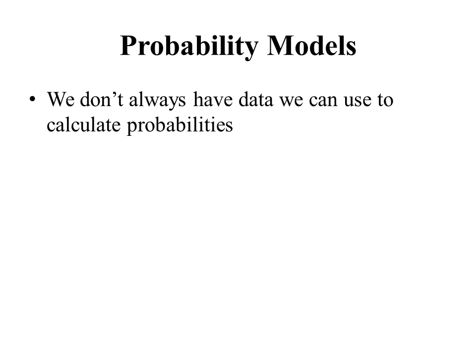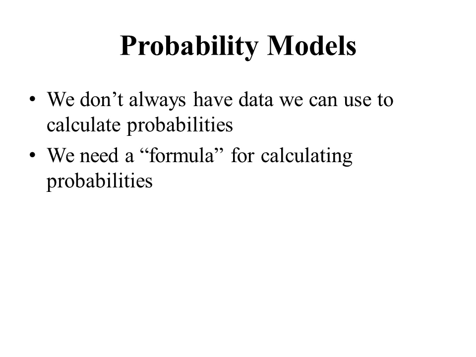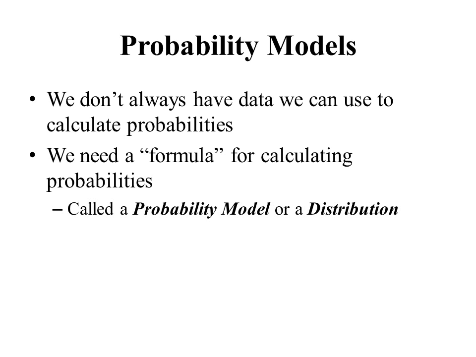But the problem is that we don't always have data that we can use to calculate probabilities. So we need a different type of formula for calculating probabilities. These formulas are generically called probability models, or also called distributions. And we're going to talk about two specific distributions, the binomial and the normal distribution.